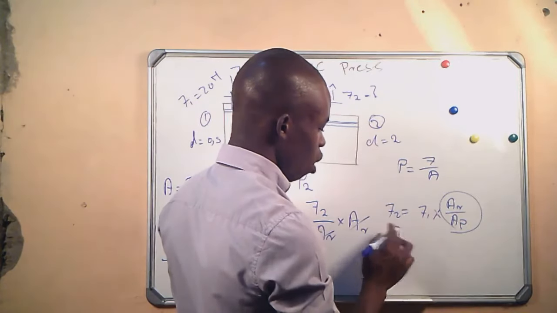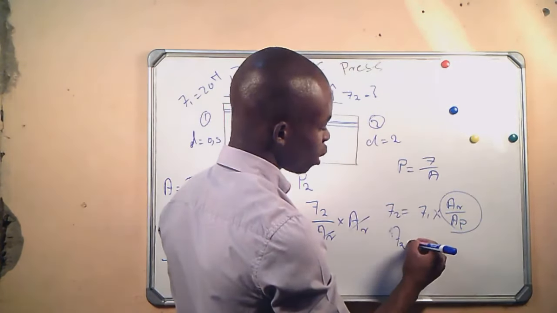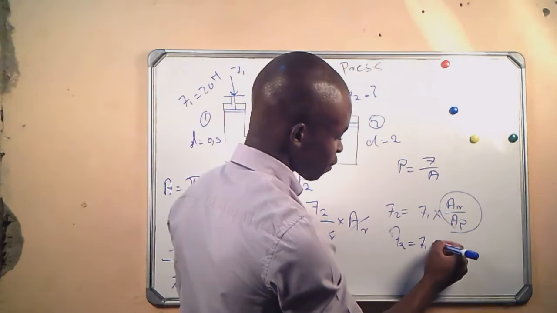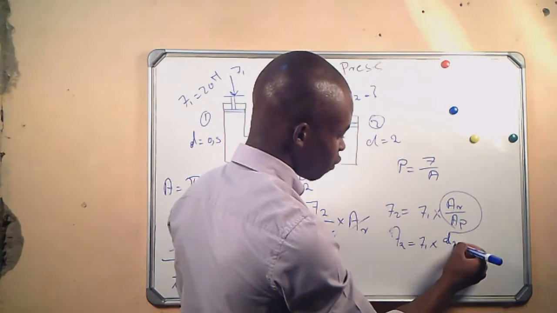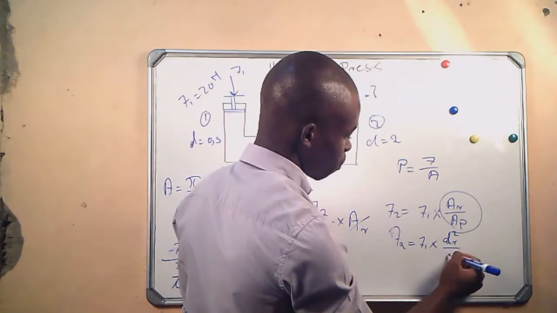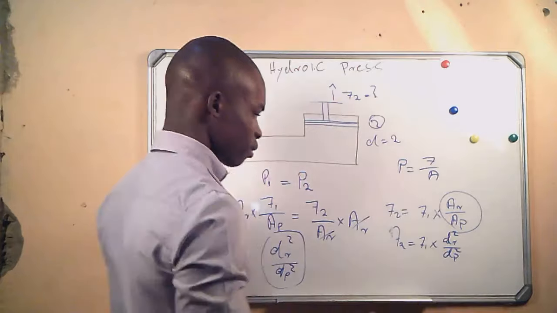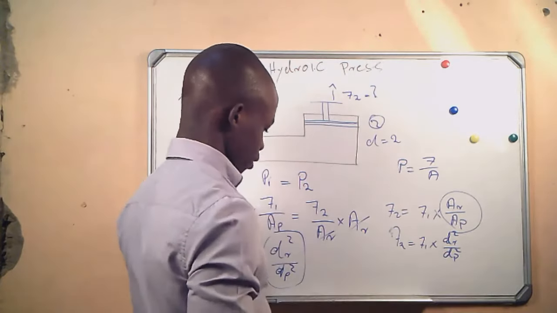Therefore, our formula is: the force of the ram equals the force on the plunger times the diameter of the ram squared divided by the diameter of the plunger squared. Now we put in our values.